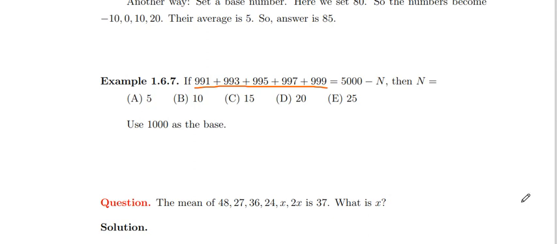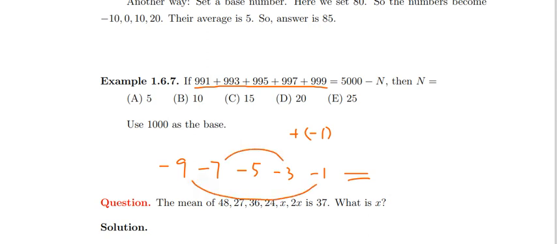So this equals -1, and we can put it here: -1, -3, -5, -7, -9. Put it together, this equals negative 10, negative 10, negative 25, right? So this n is just 25.